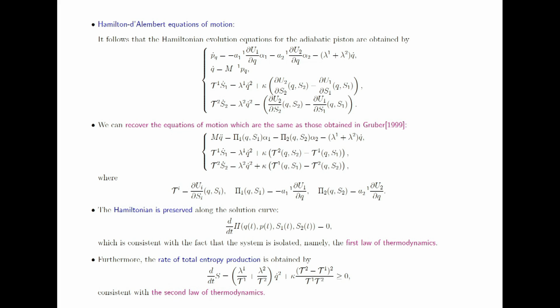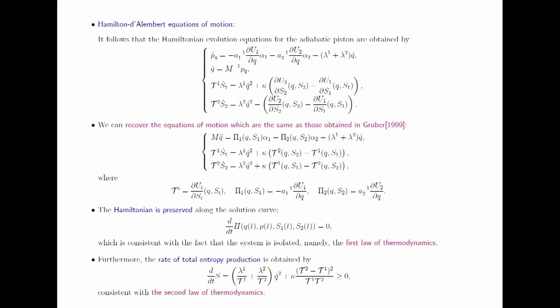Because of that, we get these equations, and this is consistent with the first law. And of course, the second law is given by this. It's always positive. The total internal entropy production is always positive.